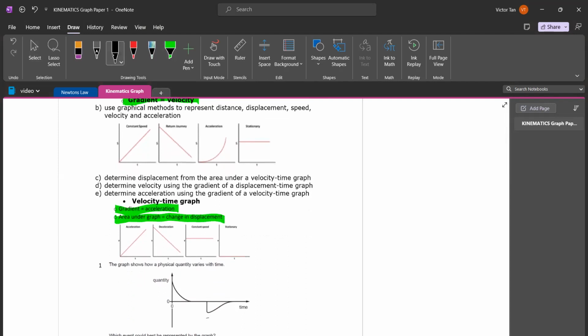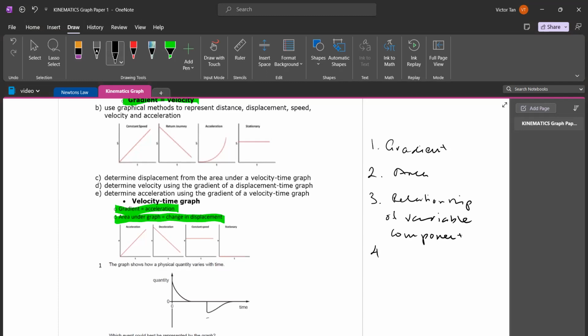So in any graph, you always look for number one, gradient. What does it represent? Number two, area. What does it represent? Number three, the relationship of variable components to determine the shape of the graph.